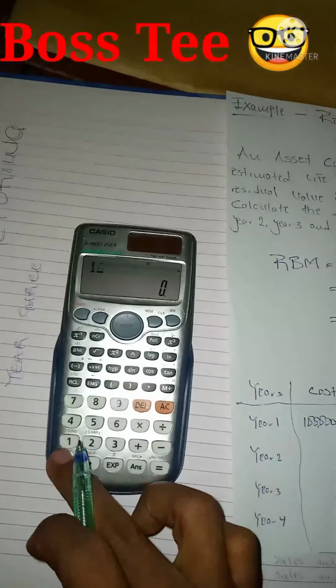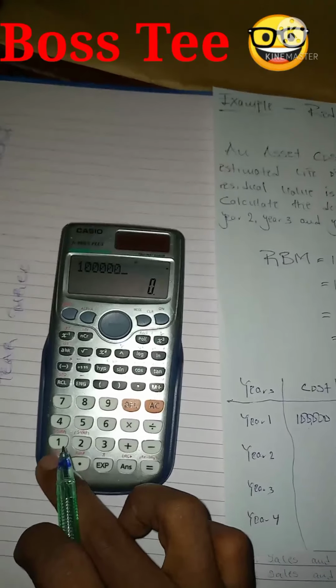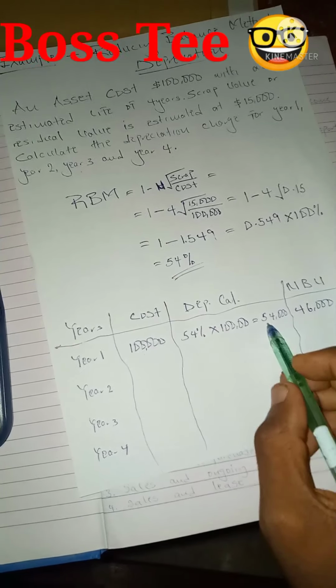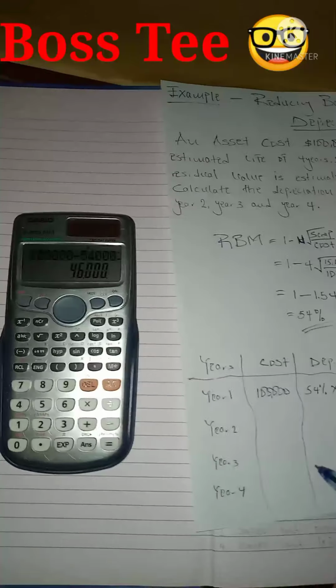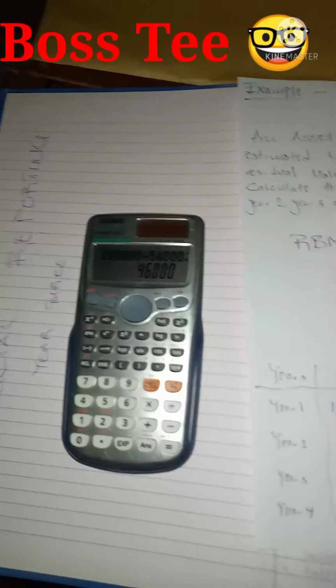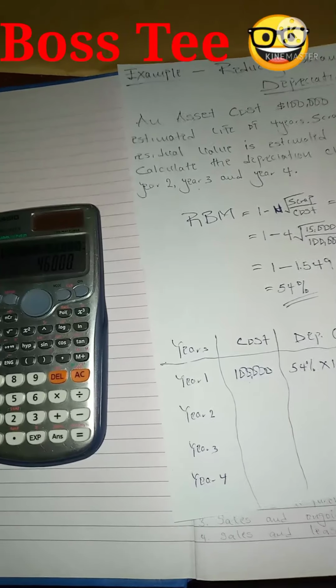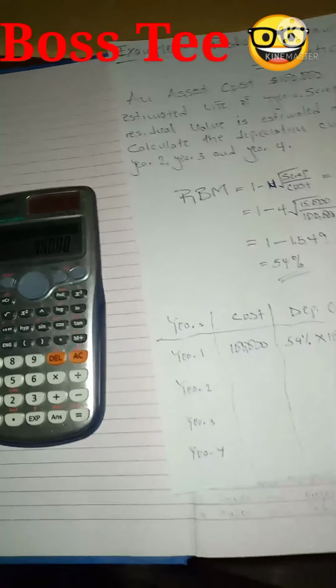How do we have that? We say 100,000, which was the value, you subtract the depreciation, which is 54,000 for year one. We arrive at 46,000.